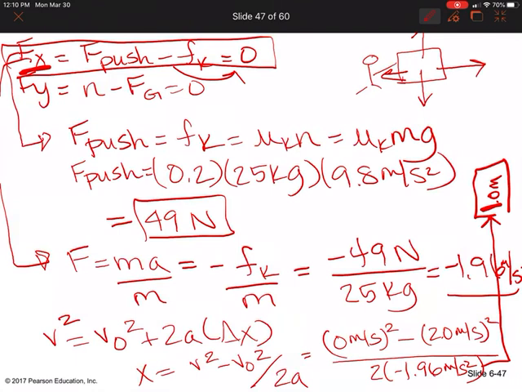Now it did ask in the question what the force was that she was pushing, so that is this 49. But if it had just asked how far, would you have necessarily had to do this step where you find the force? No, not necessarily.